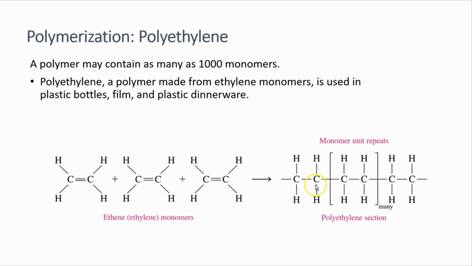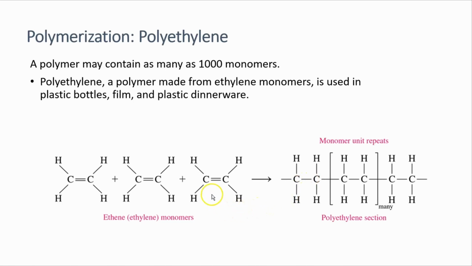This is what happens in a polymerization reaction. The monomer units are added to the end of the chain as the polymerization reaction continues. As a result, the carbon-carbon double bond disappears and forms a bond with the neighboring monomer's carbon atom.